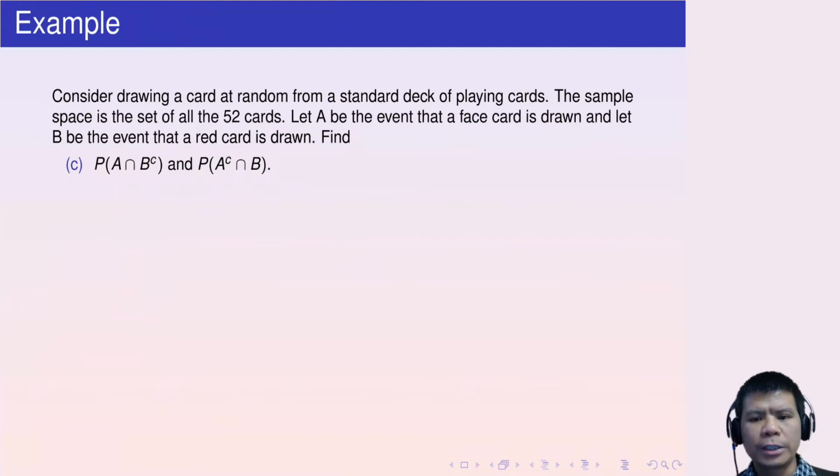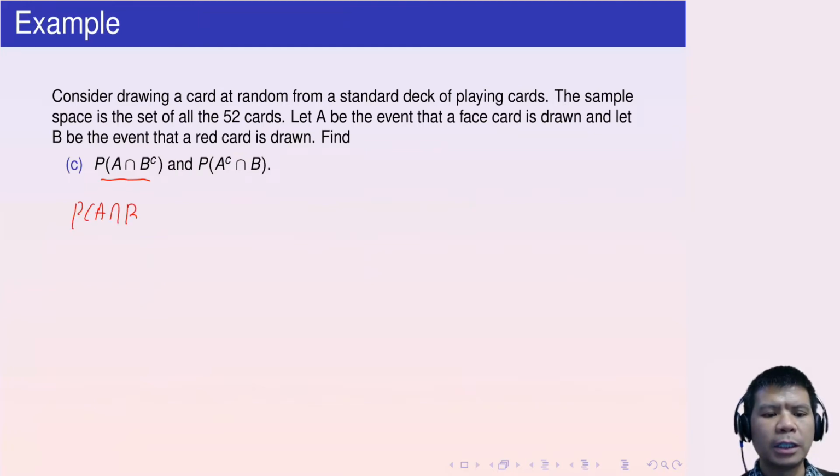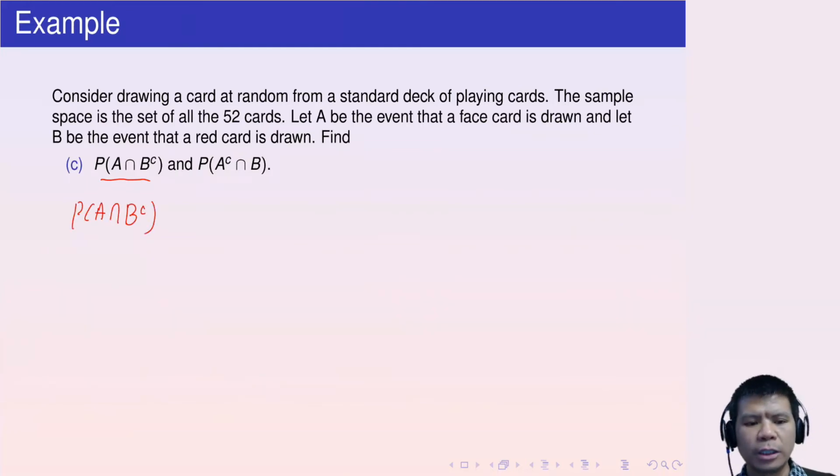Now consider this example. We want to find A intersect B complement. As we can see, A intersect B complement means it is a face card, but not red.